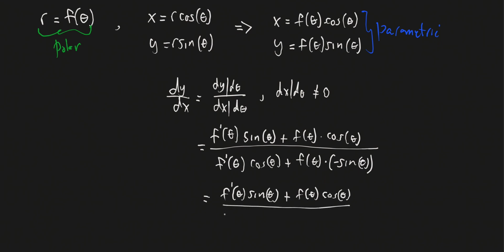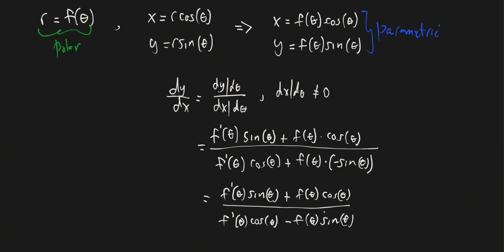So many times if you were to search, for instance, the slope of a polar curve, you might see a formula like this. And since this factor of sine has a negative in front of it, I'm just going to use that negative and replace that plus sign and write it like that, right?